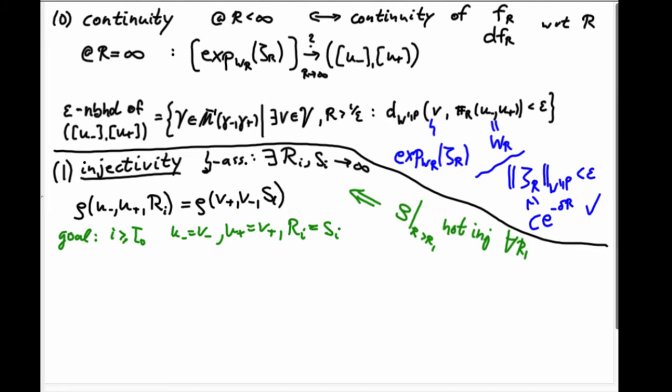Indeed. So these guys here, right? Well, hopefully. So this is assuming point number 2, I think. Right, so in 2, we're claiming that as i goes to infinity, this is going to converge in the Gromov topology to the pair u minus, u plus.